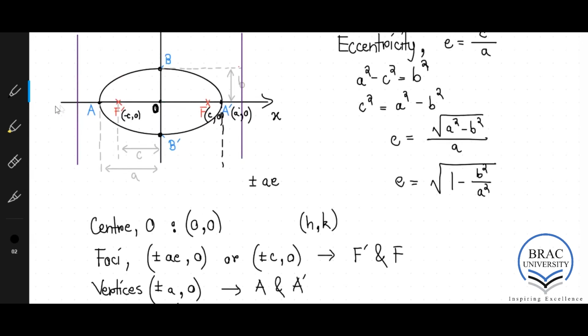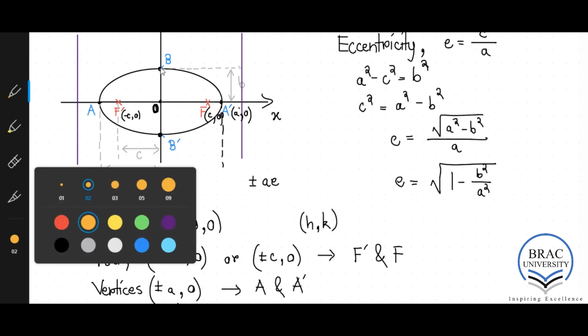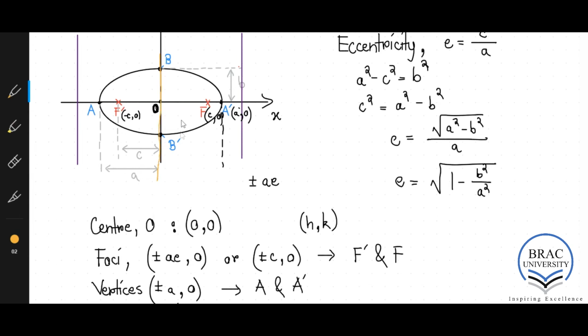So the whole line at A prime is the equation of the major axis. The line here would be the equation of the minor axis. And the lengths are 2a on the major axis and 2b on the minor axis.